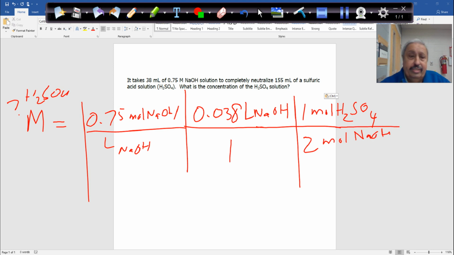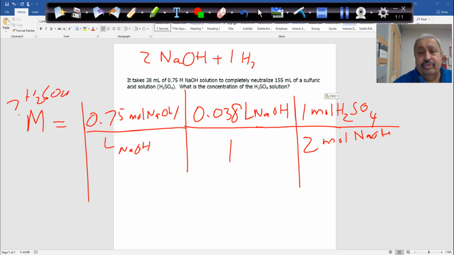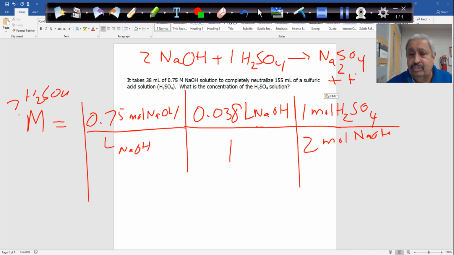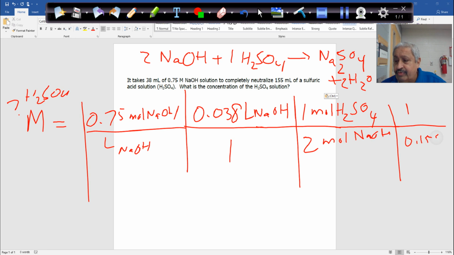And the equation here is 2 sodium hydroxide plus 1 H2SO4 will give me Na2SO4 plus H2O, correct? So then we have 1 over 0.155 liter H2SO4.